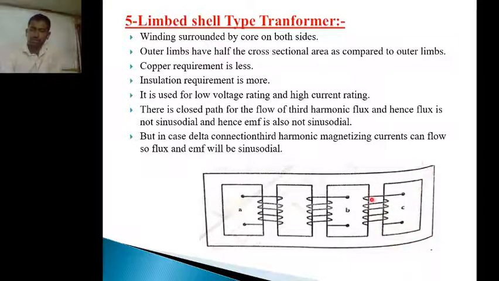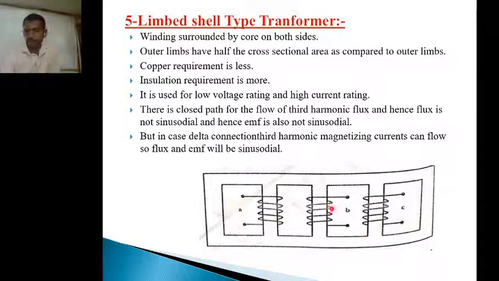These fluxes are circulated through this closed path, so there is an effect of the third harmonic. Because of the third harmonic, our flux is not sinusoidal, so definitely there will be many losses in our transformer.